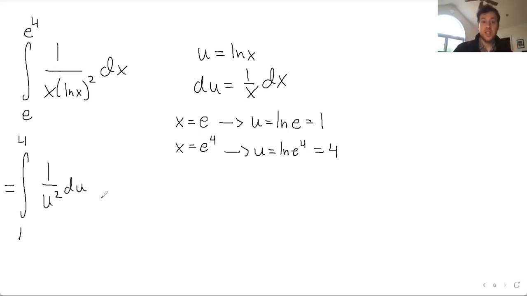So what this is saying is if you have this original function over this original interval, if you change the function by doing this substitution, u as the natural log of x, to make sure you get the same area, instead of integrating from e to the 4th, you have to integrate from 1 to 4.